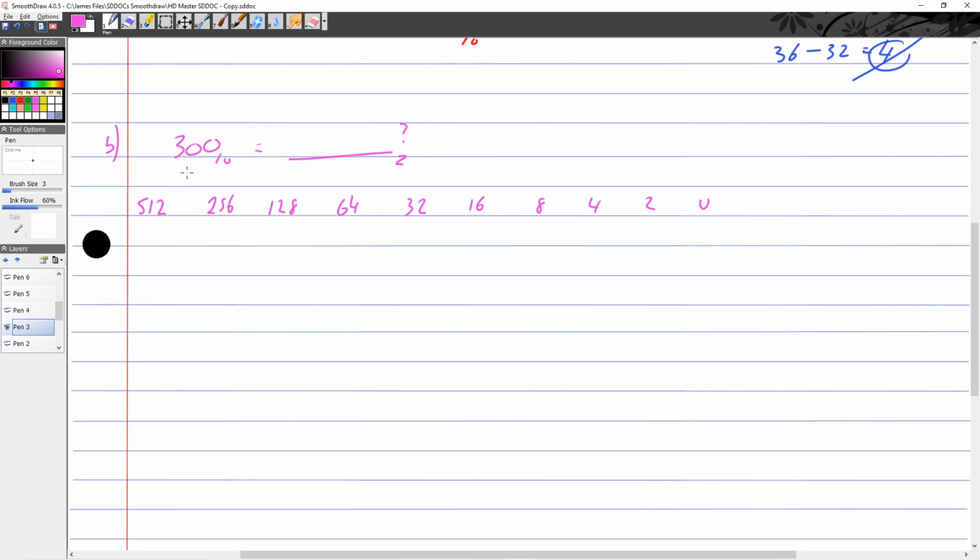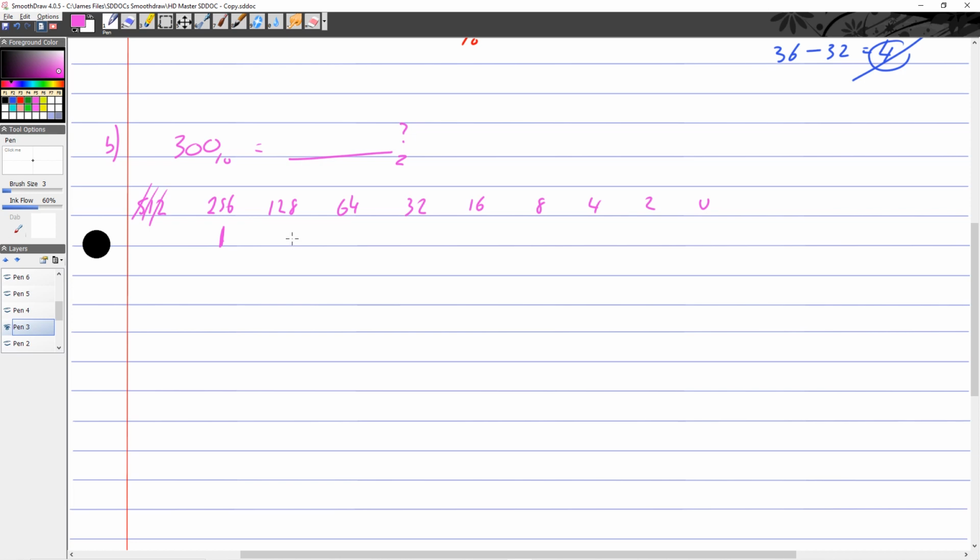We know we don't need the 512s column because 300 is less than that, so we wouldn't be allowed to put a 1 here. But 256 goes into 300 once with a remainder of 44.